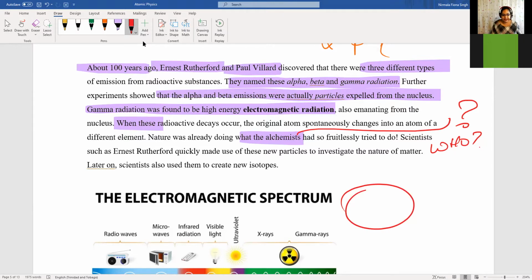Now, alchemy is somewhat similar, but this is chemistry, right? Way back in the Middle Ages, they thought that there was a special formula, a special chemical reaction, or special process or ritual that could be used to turn anything into gold.